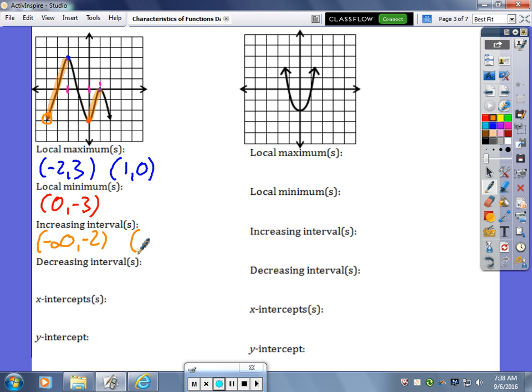The second increasing interval starts at 0 and goes to +1. Since we have two of those, we need to again use our union symbol, which you already know from geometry, and that indicates that we have two increasing intervals, and we have given those in interval notation.